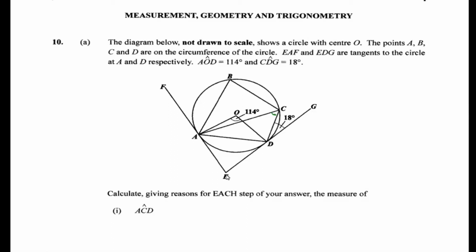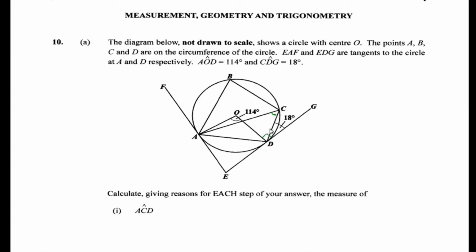Now, first and foremost, they told us that EG is a tangent to the circle, and OD is a radius. The angle between a radius and a tangent is 90. What is that telling us?